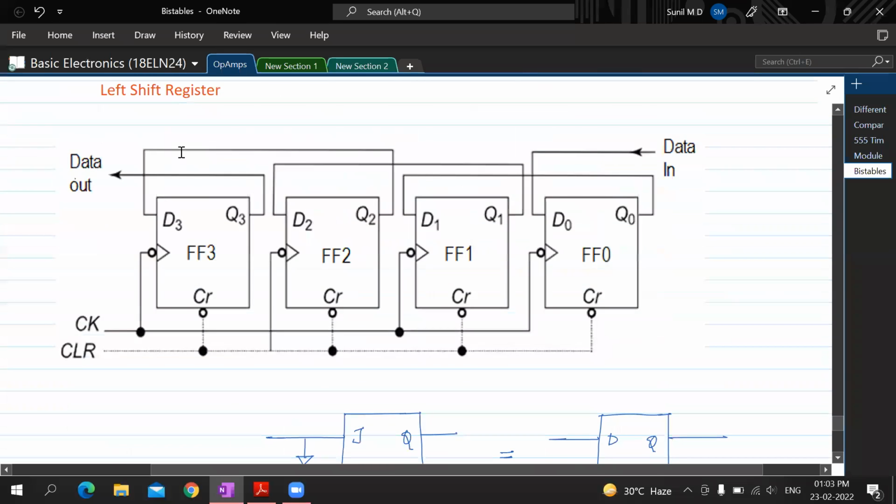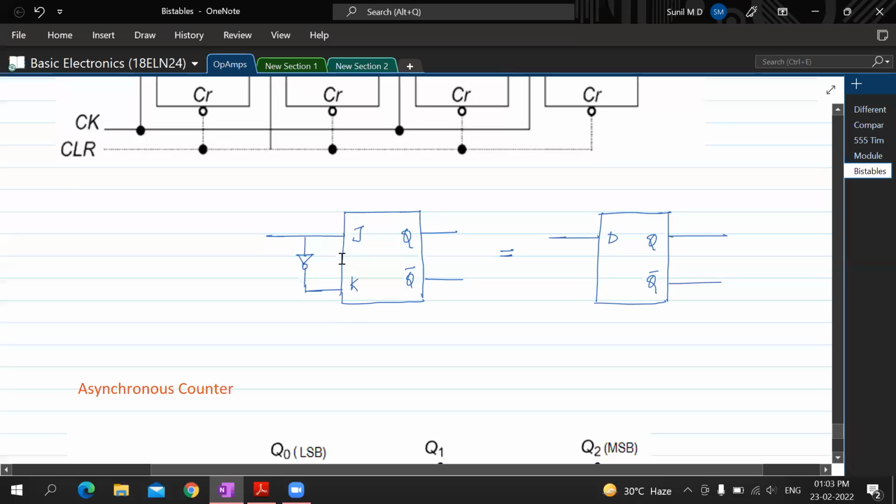Is that okay with you? So instead of taking JK flip-flop and using this inverter, you can also use this D flip-flop. So this is using JK flip-flop, whereas this is done by using D flip-flop. Both are equally good. What is better here?